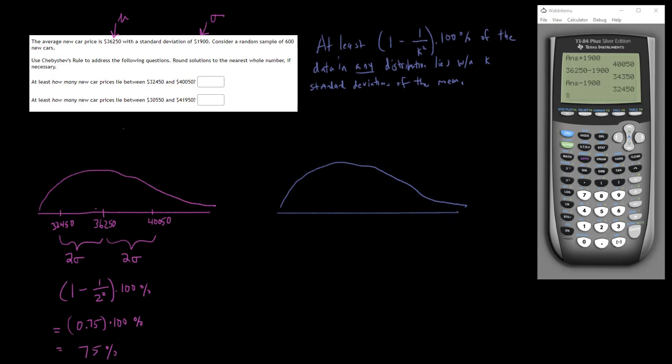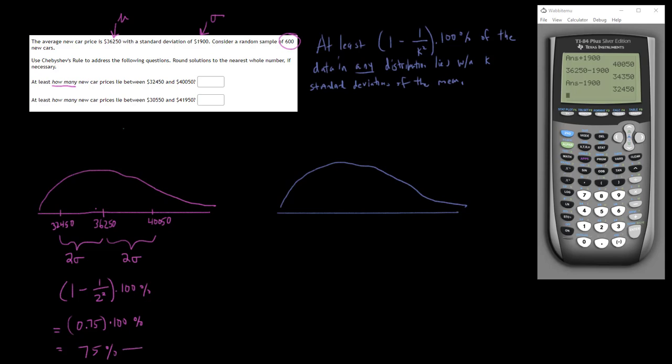But notice the question's slightly different than one you might have worked previously, because this one says how many. So we want to know how many observations are we talking about that lie between $32,450 and $40,050. So we need to find 75% of what? 600.